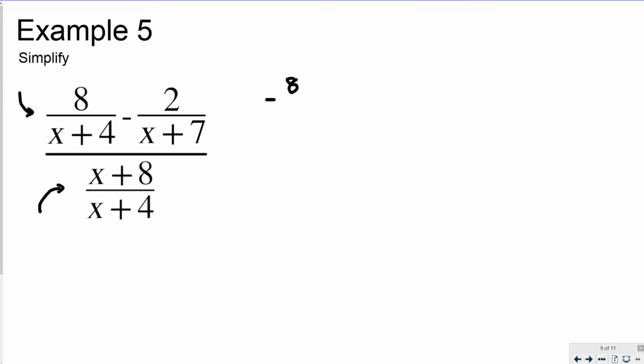So 8 over x plus 4, and then take away 2 over x plus 7. Remember that order of operations says that the division happens first, so you can't really do anything right now with those.